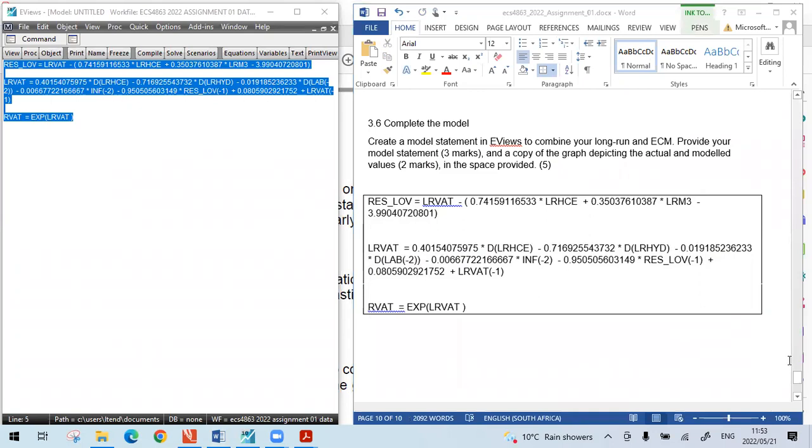They are saying a copy of a graph depicting actual and modeled. You shall see that your actual VAT will be there. You're also going to have the modeled, but it will have an underscore and 0. So after solving the model, we should be in a position to see that.